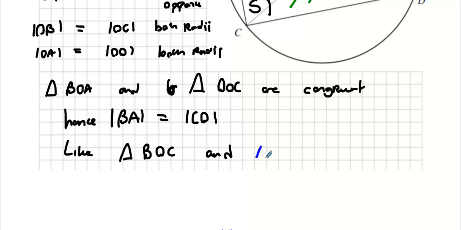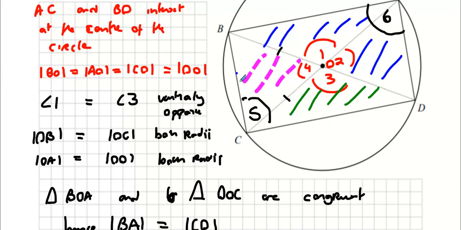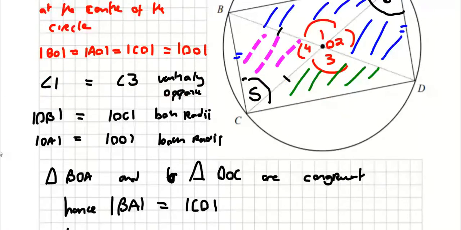Likewise, BOC and AOD are congruent. Hence, this means that BC is the same length as AD.